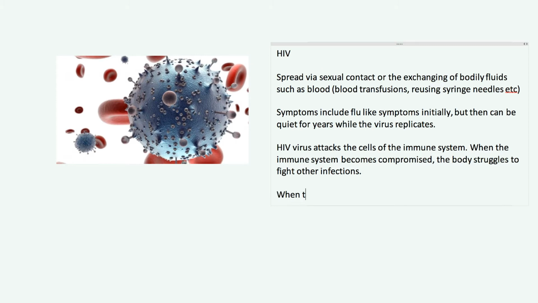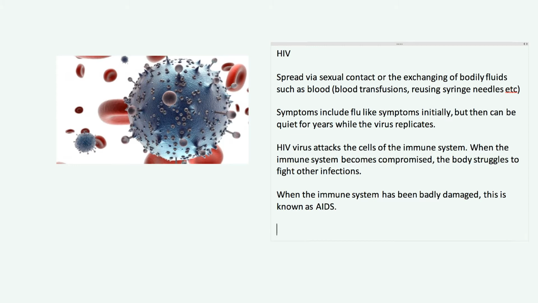When the immune system has been badly damaged, this is known as AIDS. So the person has AIDS at this point, and that stands for acquired immune deficiency syndrome. Basically, once HIV infection gets so bad, the condition is called AIDS, but the virus is still called the HIV virus.